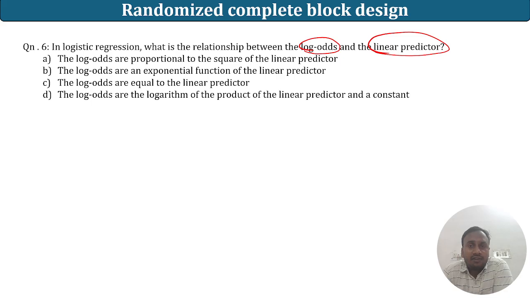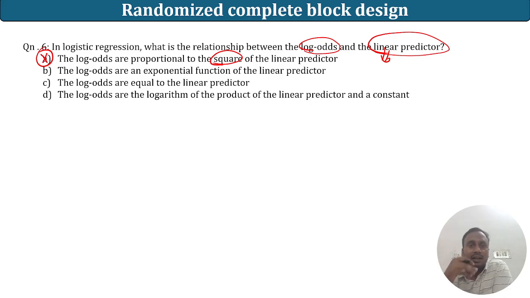What is the relationship between the log odds and the linear predictor? Can you please tell? Option: log odds are proportional to the square of the linear predictor. Whenever we have linear, it can't be the square. So we can eliminate this option.